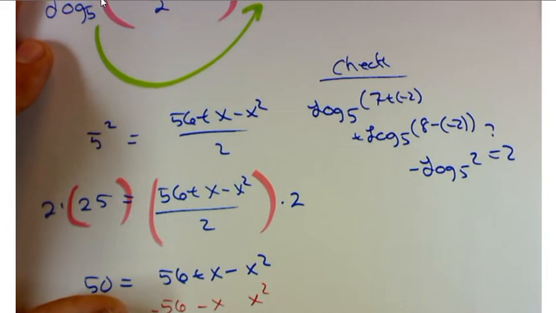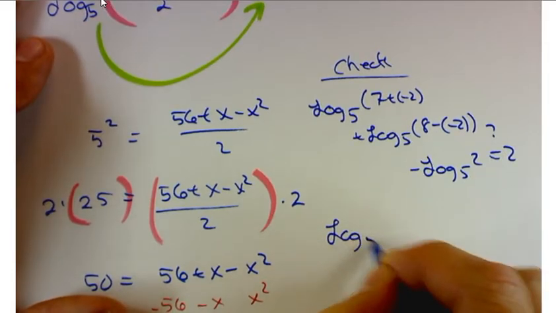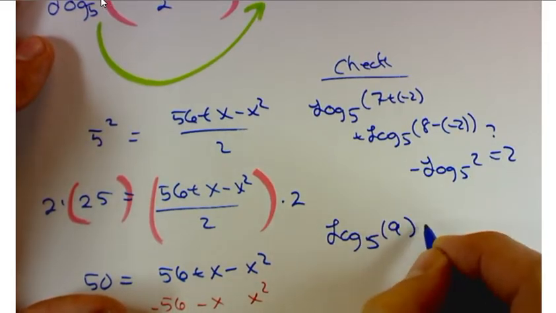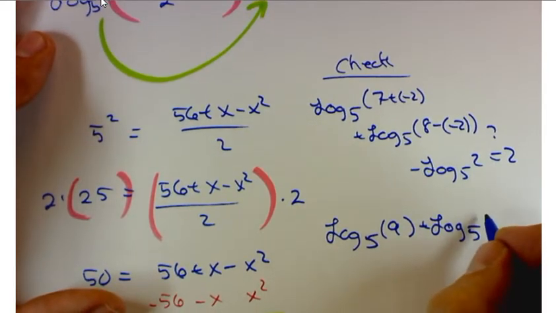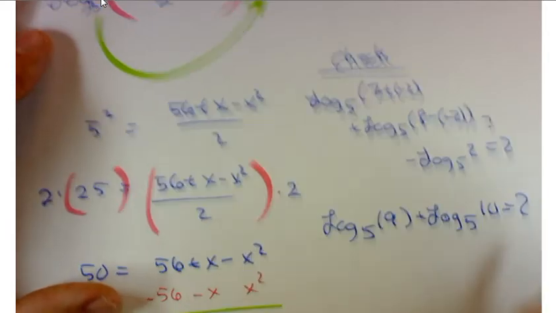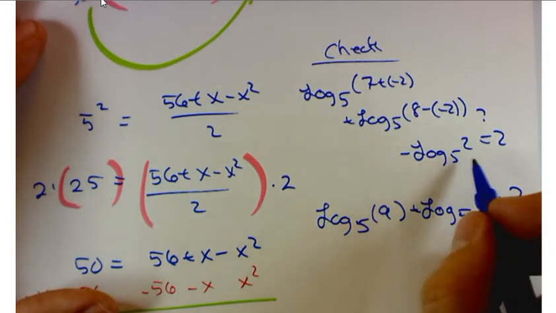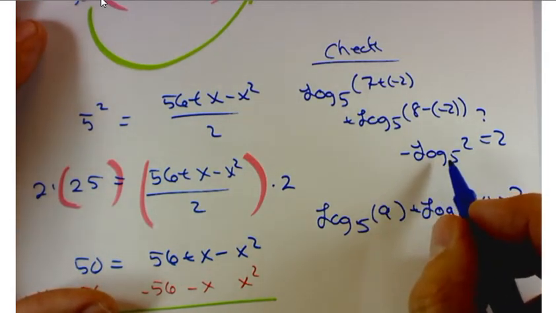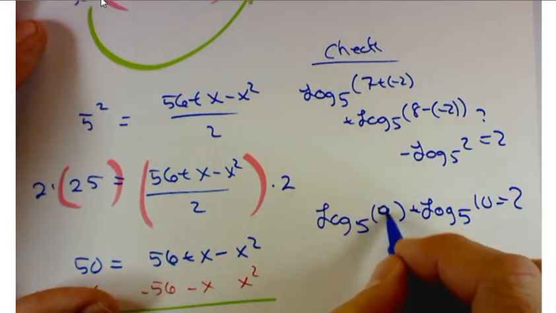So let's check it. That's going to be the log base 5 of 9 plus log base 5 of 10 equals 2. Oh, wait, I forgot the... Oh, so it'd be 5. There we go. Thank you. There'd be a 5 here.